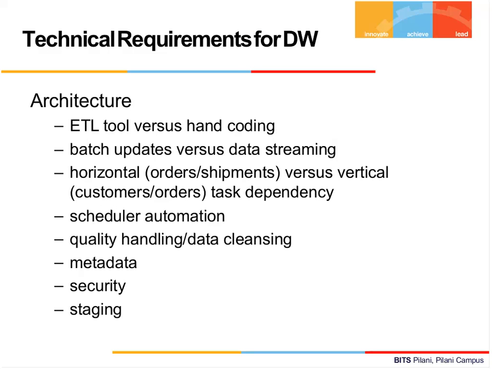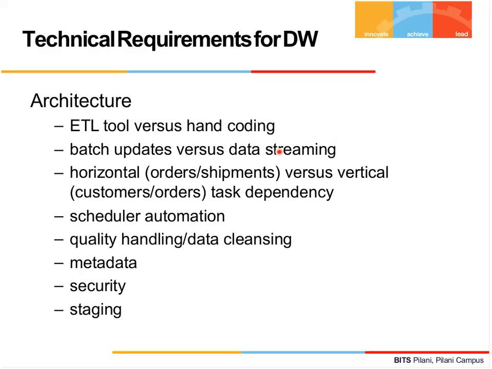The next one is technical requirements. We're going to touch on these things as we go. ETL tools versus hand coding: you can build your own ETL tool, and like I said, it's not rocket science, based on your needs, or you can buy a tool off the market if the organization has the money. We also need to work on batch updates, where data comes in batches into the data warehouse, or streaming updates, where data is brought directly into the data warehouse as it happens in the operational system.